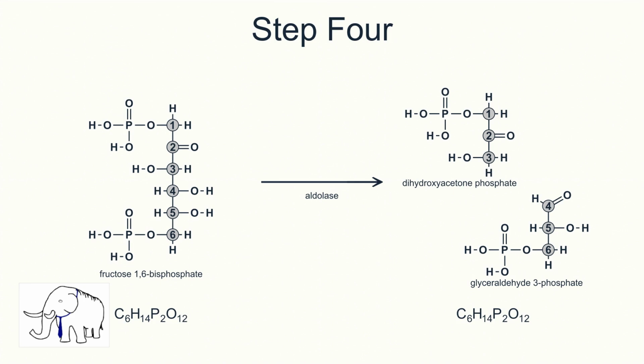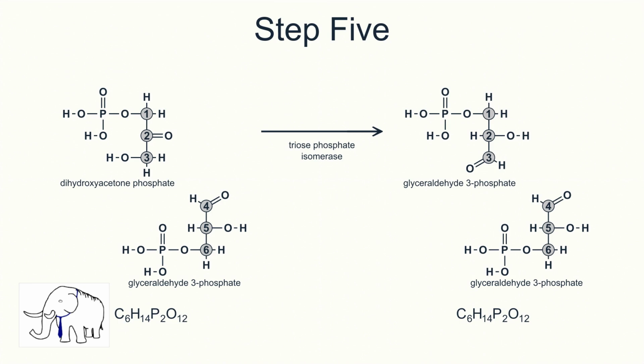The half containing carbons 1, 2, and 3 is dihydroxyacetone phosphate, and the other half, with carbons 4, 5, and 6, is glyceraldehyde 3-phosphate. In step 5, the dihydroxyacetone phosphate is converted into a second molecule of glyceraldehyde 3-phosphate.